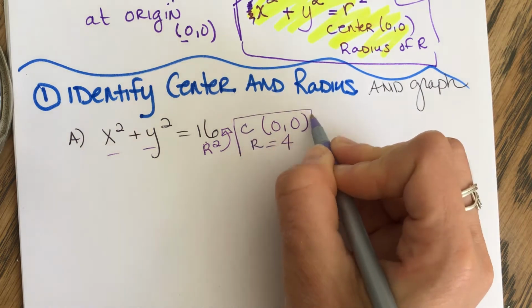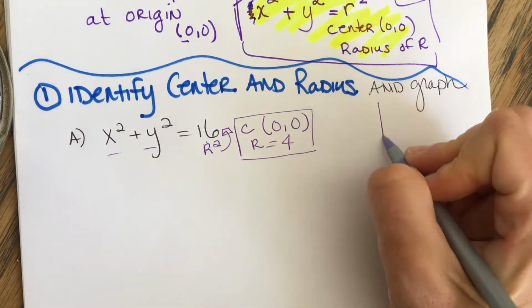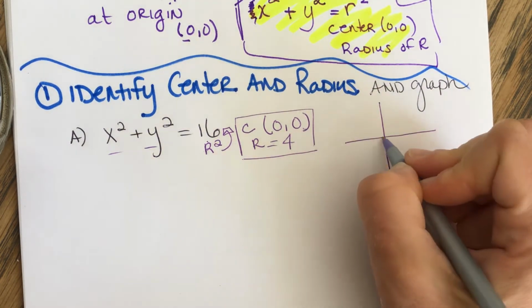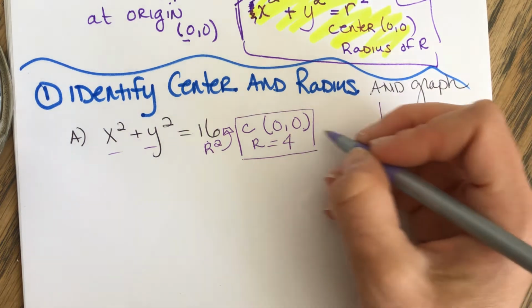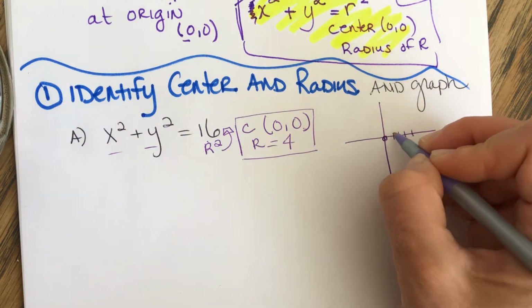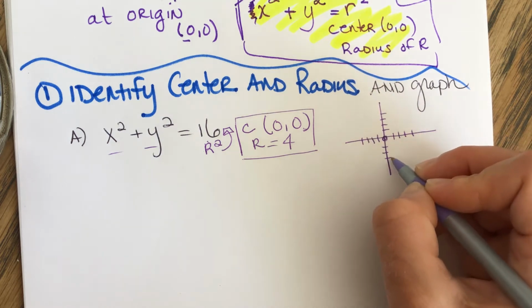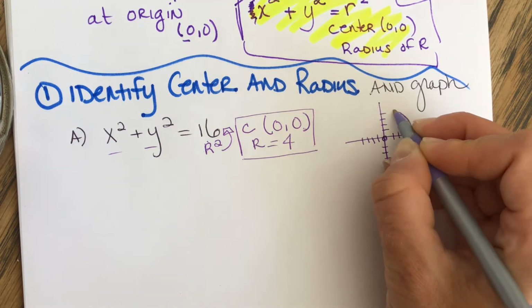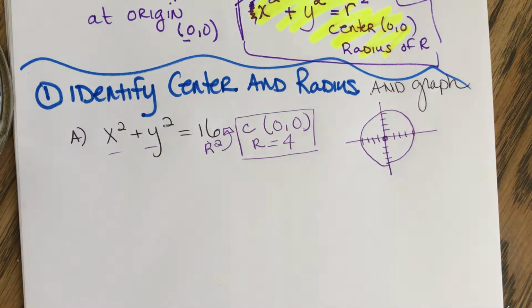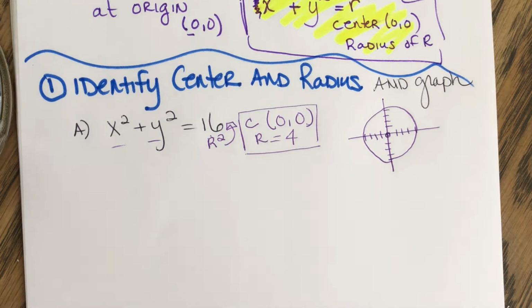Yes, it's that simple for some of these. And now if I ask you to graph it, all you do is plot the center, and you go out 4, up 4, and so on, and you do a circle. That's it. We talked about this when you guys did some of the projects.